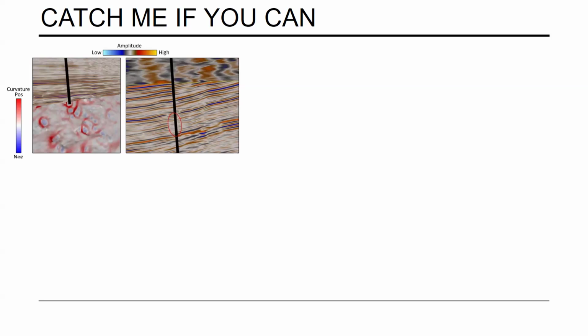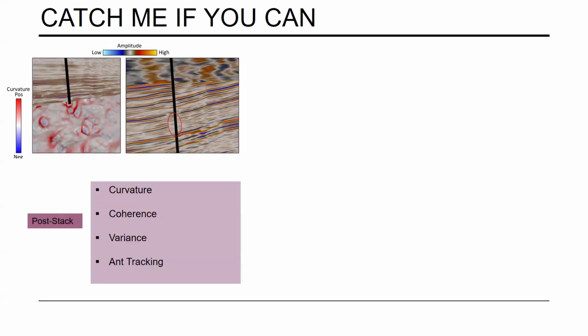The major volume attributes we use are curvature, coherence, variance, and ant tracking. Over here, I will take a small pause and ask you to look at the image on the top left. There is a plot of high and low amplitude in terms of seismic, and on the left there is the curvature.